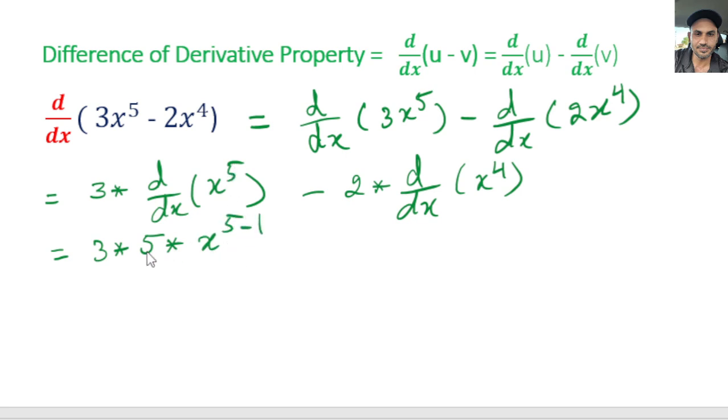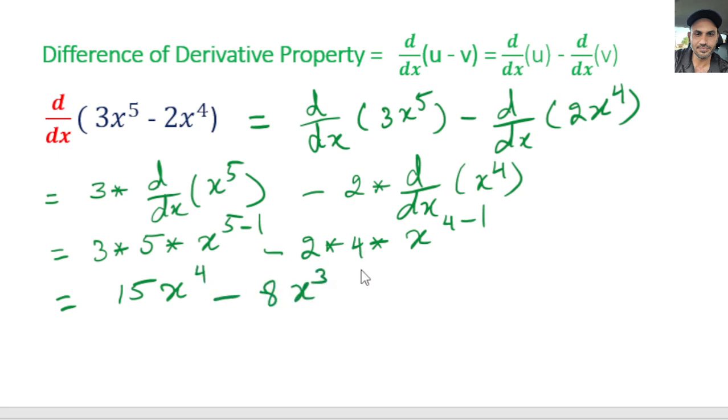So I brought down the exponent to the front as a coefficient, and then subtracted 1 from the exponent, minus 2, and I did the same thing for the 4, brought it down as a coefficient, and subtracted 1 from the exponent. When we multiply, this becomes 15x to the 4 minus 4 times 2 is 8x to the third. So this would be the final answer.